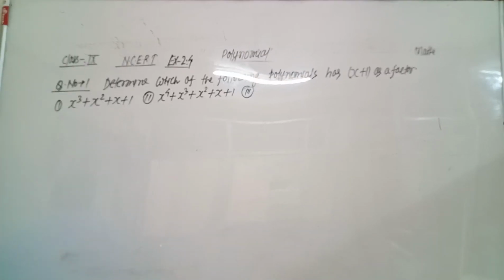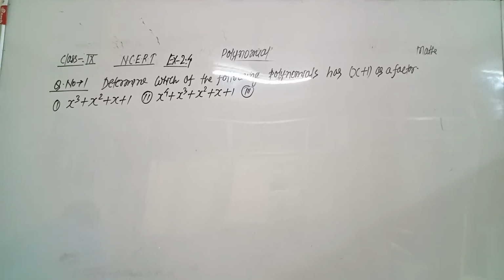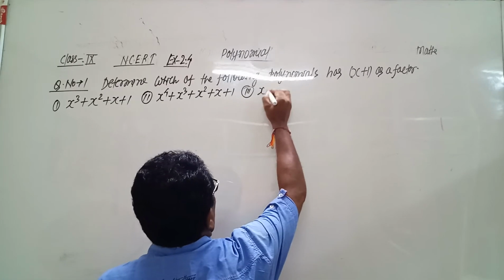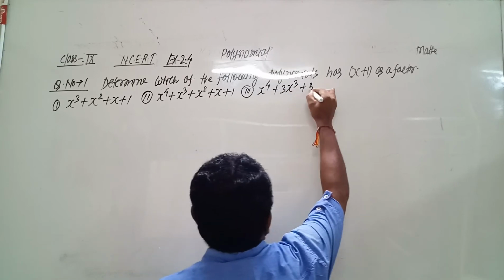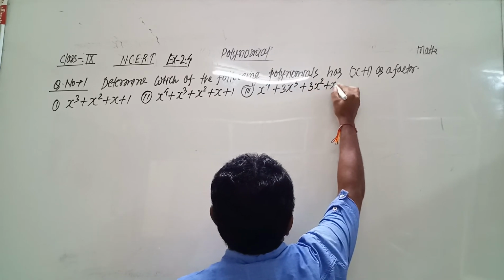Third part is x raised to the power 4 plus 3x cube plus 3x square plus x plus 1.